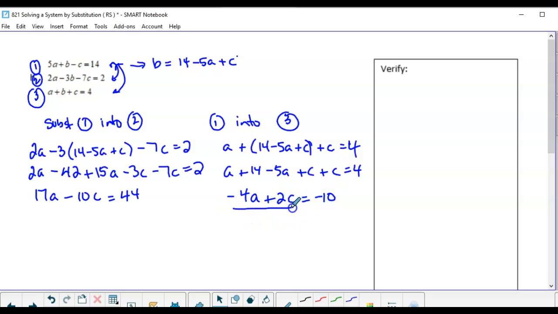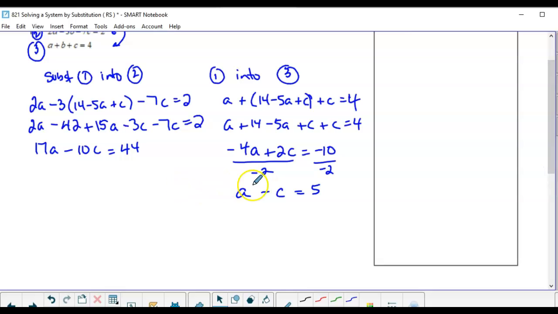And I'd actually divide everything by negative 2, just because it's a common factor to everything, and I like having the a term positive. Okay, now that's my, oops, that should be 2a. That's my new system. Okay, I'm going to call this equation A, and this is B.